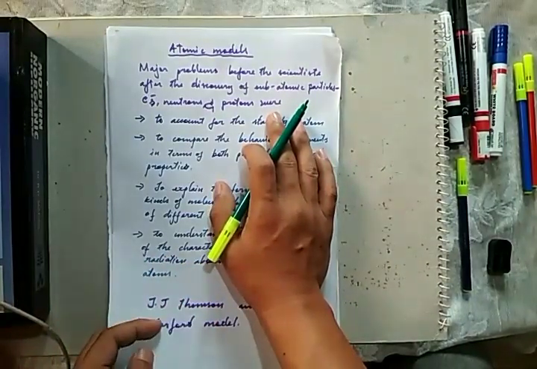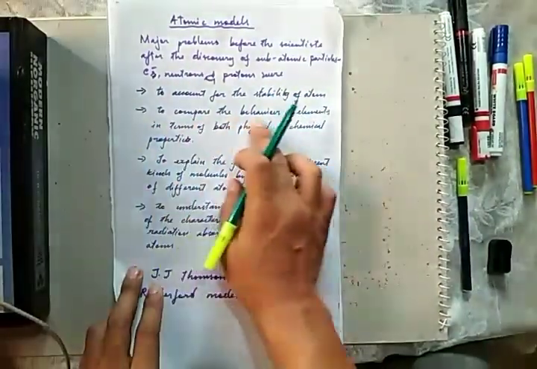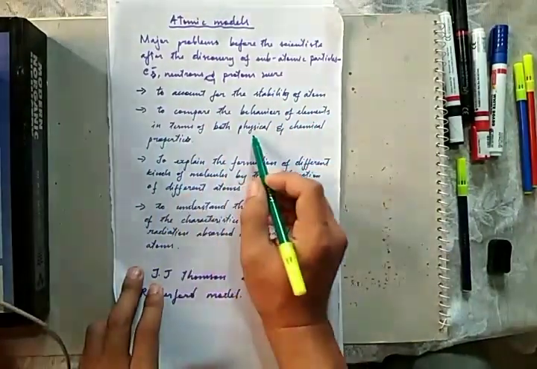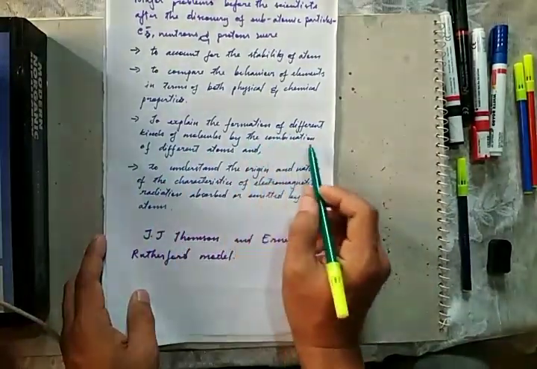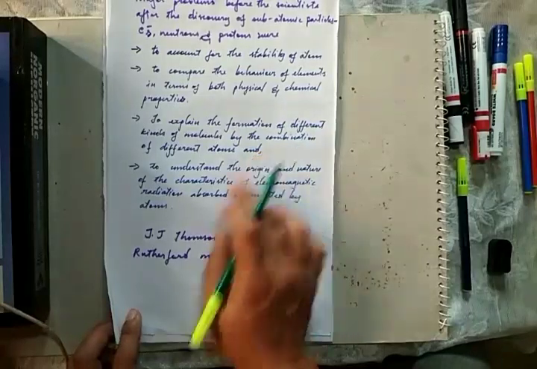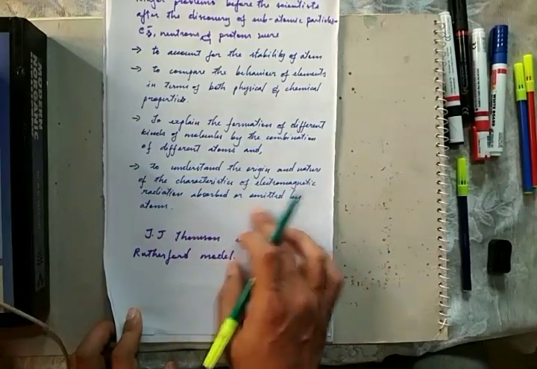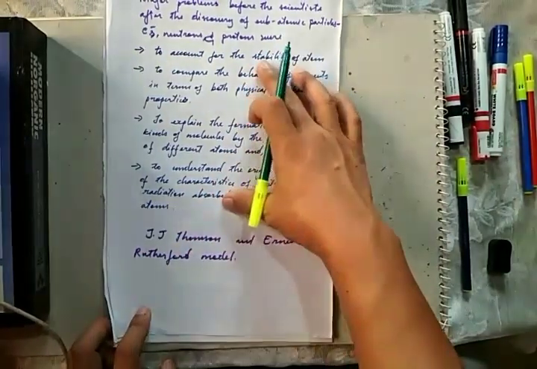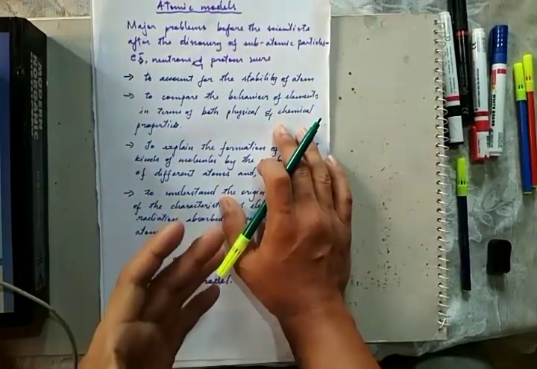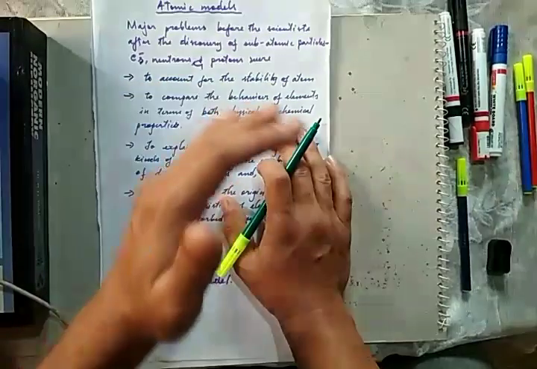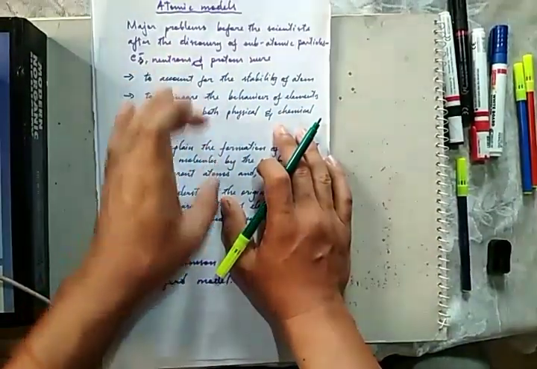Those challenges were: to account for the stability of atoms, to compare the behavior of elements in terms of both physical and chemical properties, to explain the formation of different kinds of molecules by the combination of different atoms, and to understand the origin and nature of the characteristics of electromagnetic radiation absorbed or emitted by atoms. These were the challenges faced by scientists to explain after the discovery of electrons.